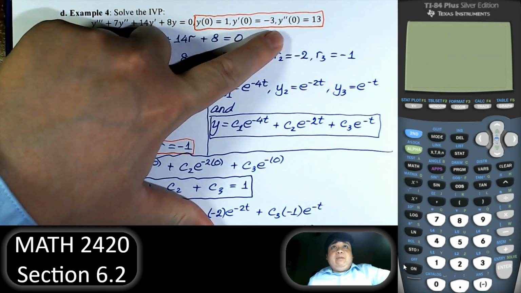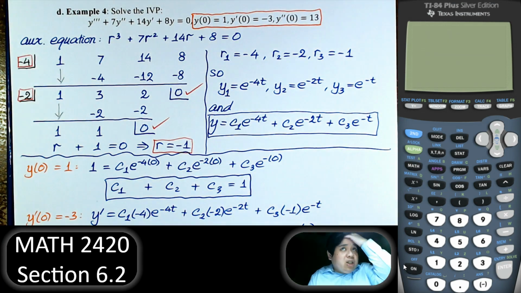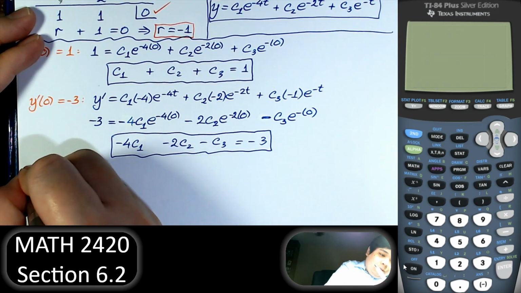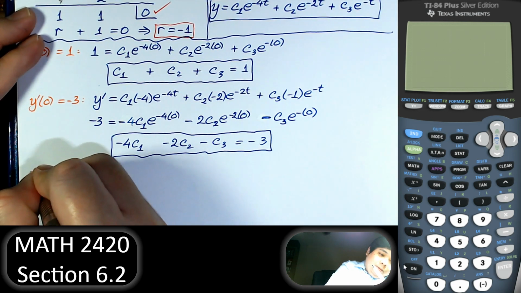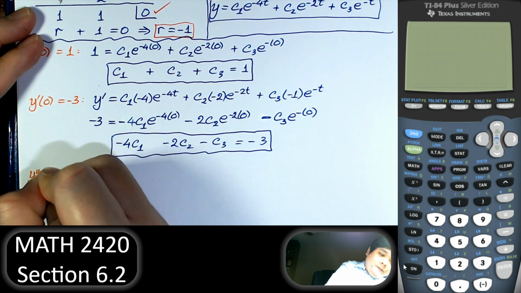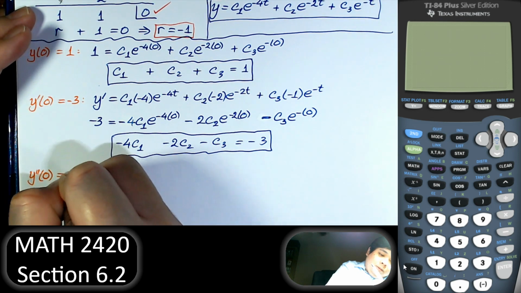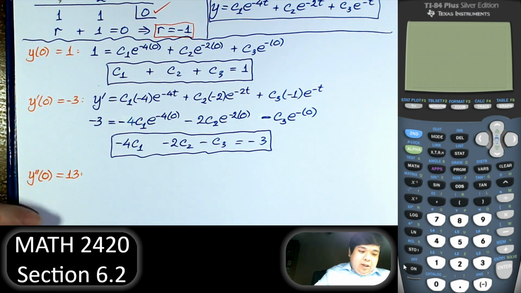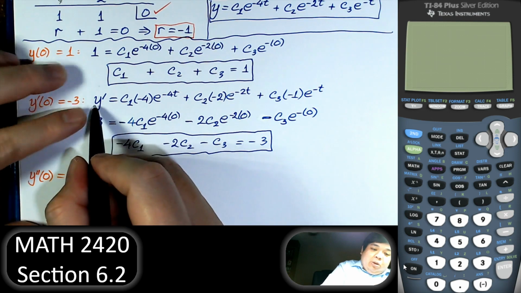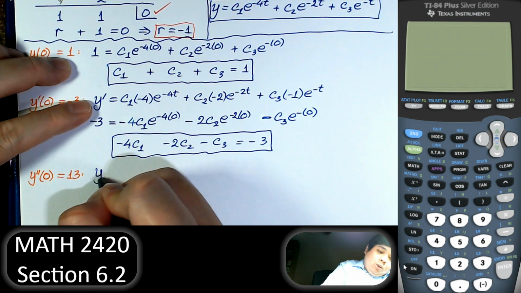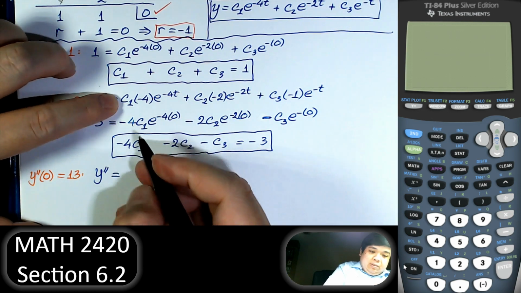Now we have the third condition. The second derivative at 0 is 13. So we have the derivative here, so we take the second derivative.